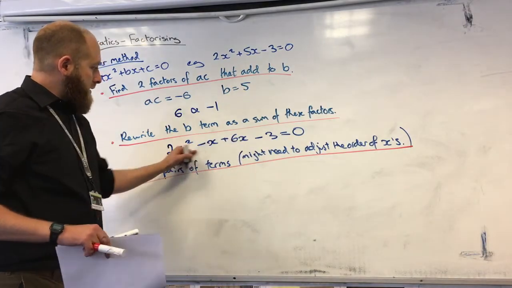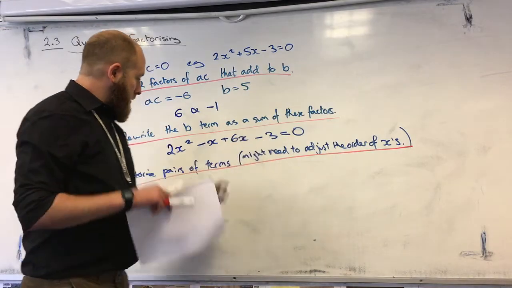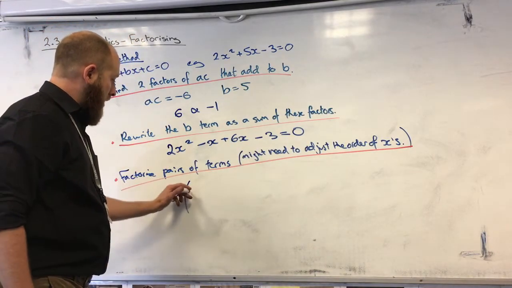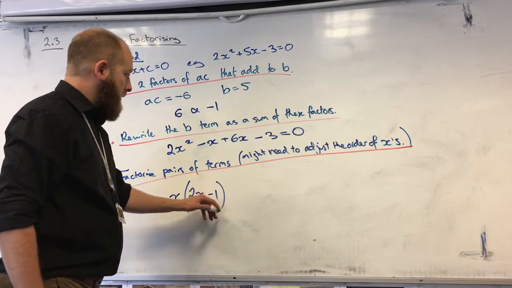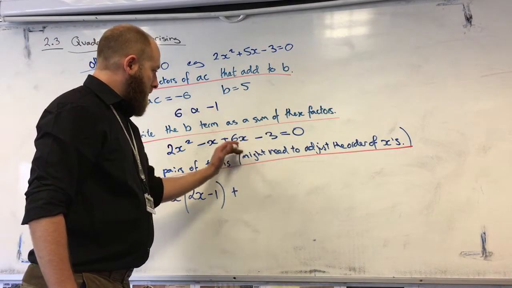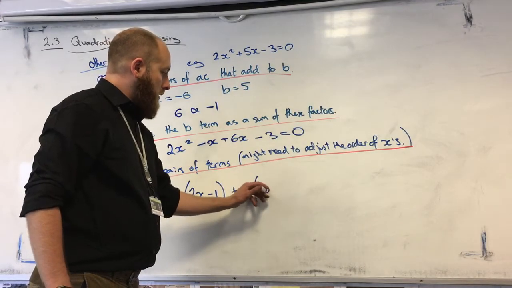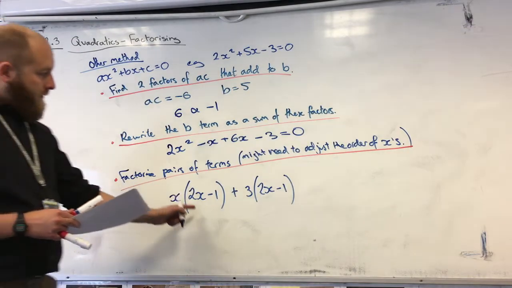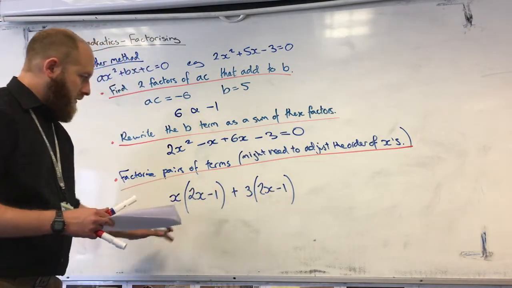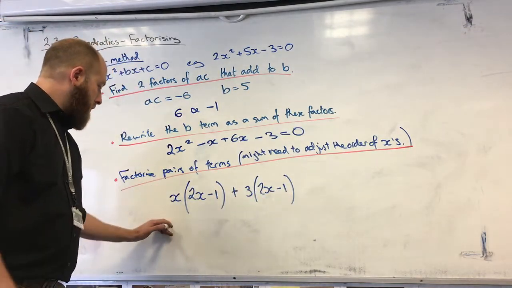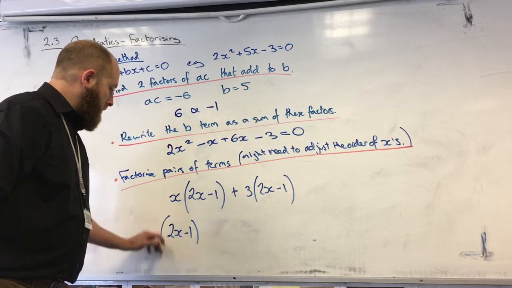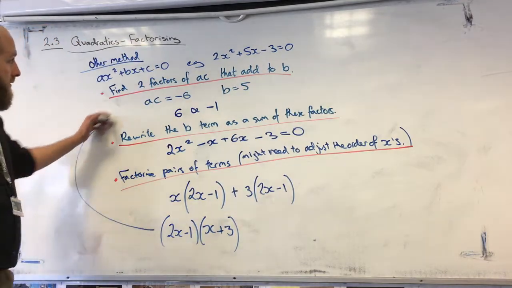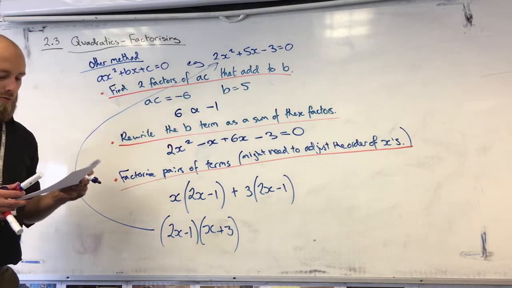We're going to factorise these two terms and factorise these two terms. So we get x as a common factor of these two. And here we've got a common factor of 3. There we go. And then we're left with this common factor which we're going to take out as well. So we're going to factorise this bit too. So 2x minus 1, x plus 3. And that is the factorised form of our original quadratic.